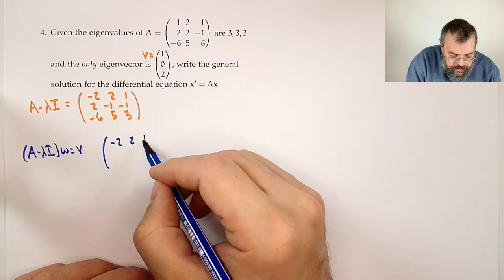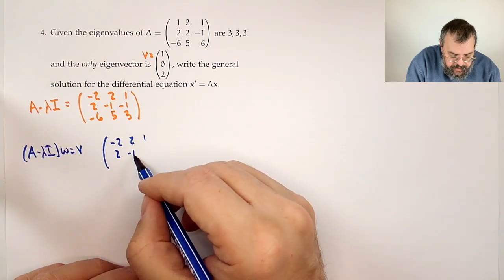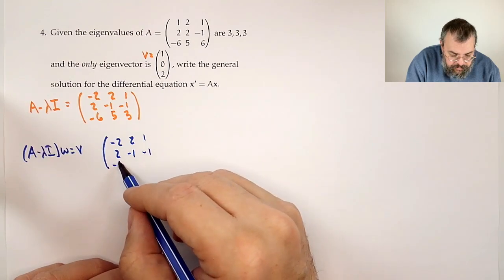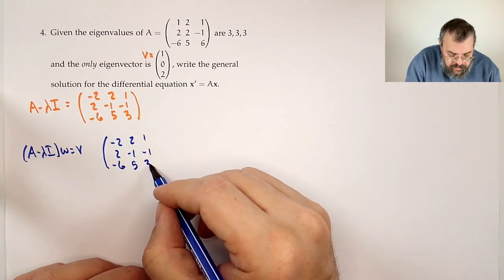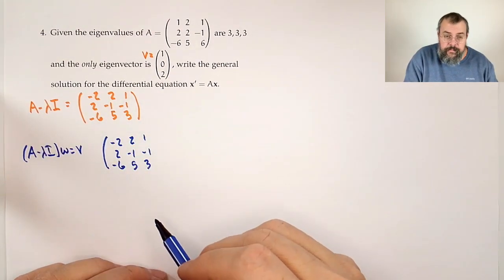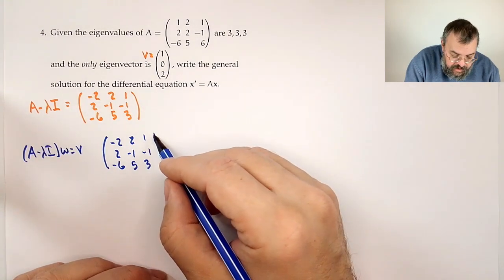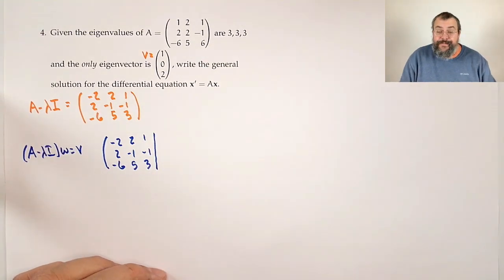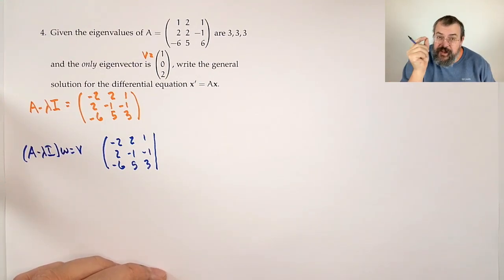So minus 2, 2, 1, 2, minus 1, minus 1, minus 6, 5, 3. So I'm copying the matrix down. And I will say, one of the biggest challenges in problems like this is copying errors. Because even if you copy just a minus sign wrong, and I've done that before, it breaks it.